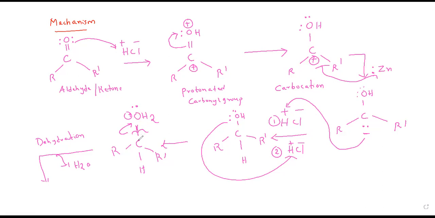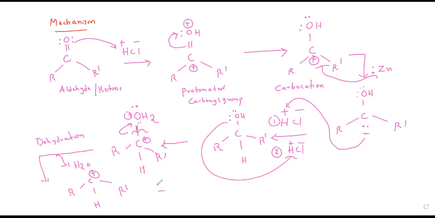When I break the bond between carbon and oxygen, as oxygen is more electronegative, the electrons will migrate towards oxygen. Therefore, oxygen gets two lone pairs of electrons and the entire water molecule will be liberated. What happens to this carbon? Carbon will get a positive charge. So you can write R, carbon, H, R dash. What is the charge on this carbon now? Carbon will get a positive charge.